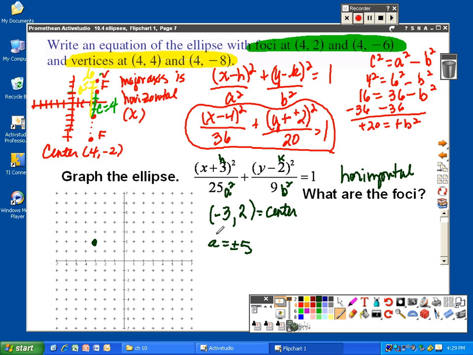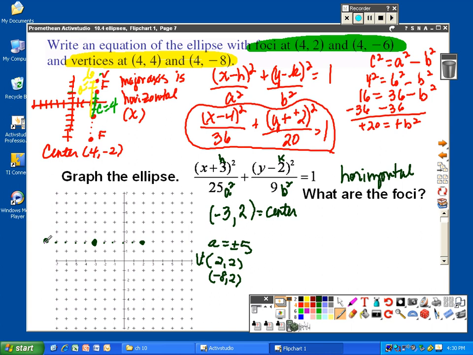So I must go plus or minus 5 off of this negative 3. So that brings me to vertices negative 3 plus 5 is 2, 2. Negative 3 minus 5 is negative 8, 2. So let's count that out. 5 to the right, 1, 2, 3, 4, 5, and that is 2, 2. 5 to the left, 1, 2, 3, 4, 5, and that is negative 8, 2.